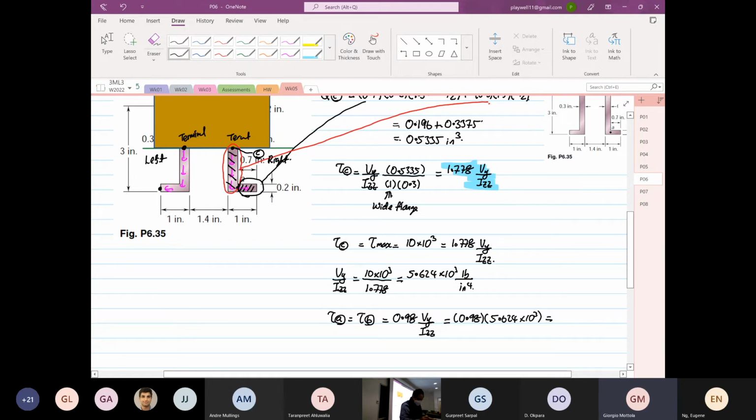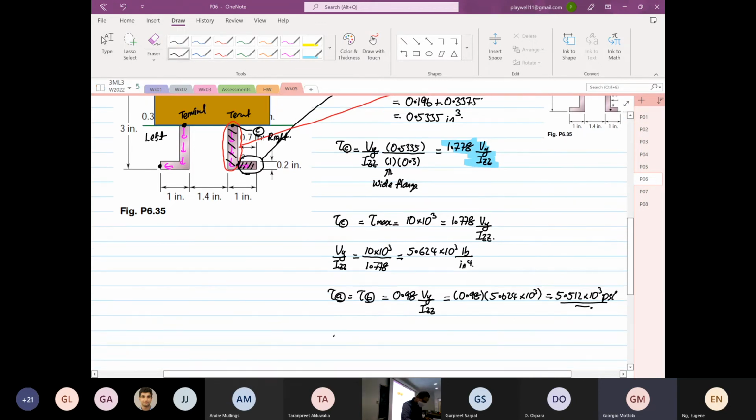So this will be equal to 5.512 times 10 to the power 3 psi. And then we know that shear stress at point C is equal to 10 times 10 to the power 3 psi.